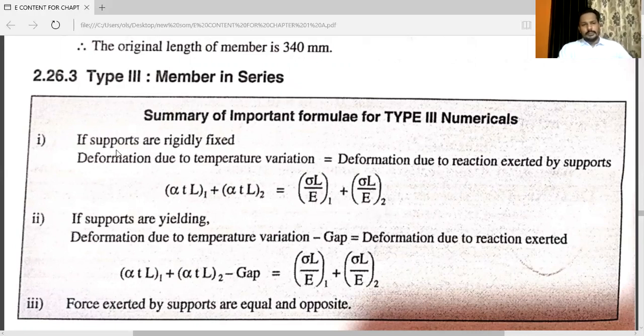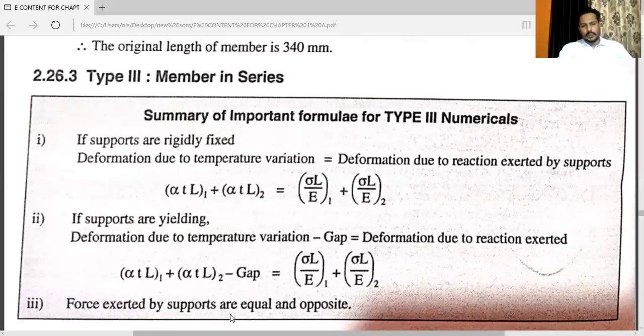This is your condition if supports are rigidly fixed. If supports are yielding, then the condition will be: alpha into T into L1 plus alpha into T into L2 minus gap is equal to sigma L upon E1 plus sigma L upon E2.